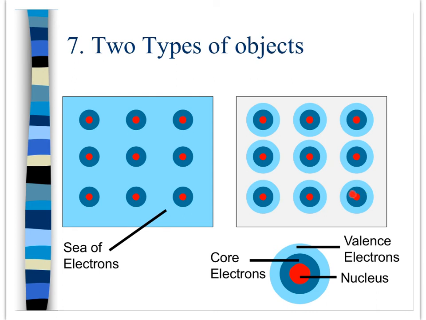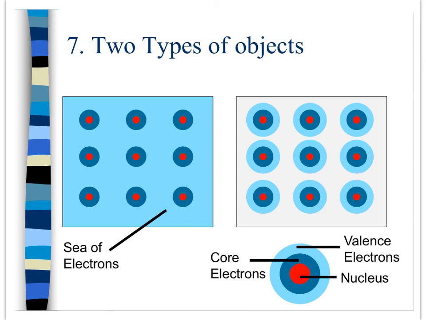Surrounding that nucleus, this dark blue ring represents where the core electrons are, and those really stay with the atom. They're not really involved with bonding or any of the other interactions that the atom has with other atoms. And then you have these lighter blue, which represents the valence electrons. And that's really where bonding comes from. That's really what we're talking about with this gaining charge, losing charge business. That's all happening with the valence electrons, the outer electrons.